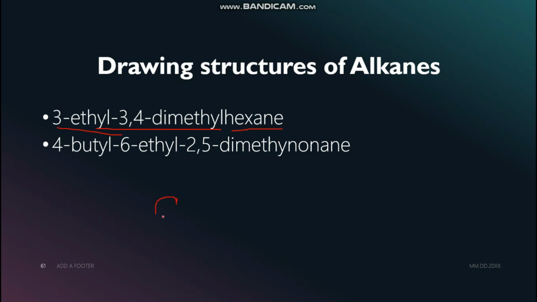So hexane has 6 carbons. 1, 2, 3, 4, 5, 6. In drawing structures of alkanes, when you number, you can start anywhere, either here on the right or on the left, because it depends on you where you want to start. But I would prefer to start here on the left.